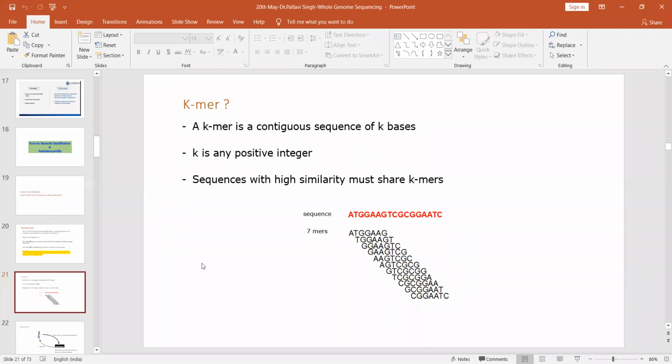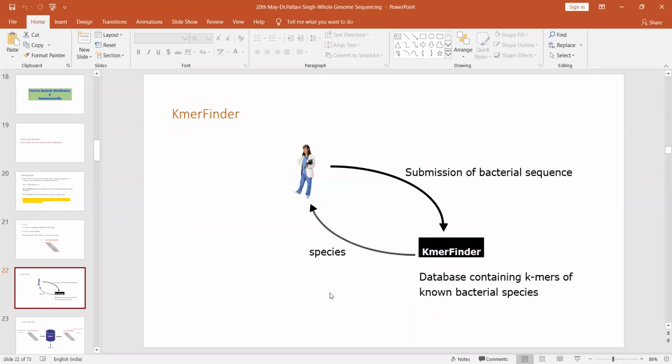What we do here is that in the k-mer tool, I submit my bacterial species, and this database will break down the sequence into k-mers, and it will try to find the matching k-mers with your unknown sequence to type what your species is.